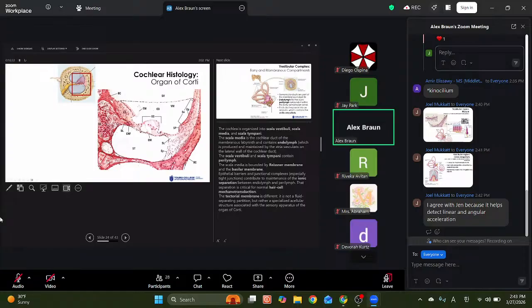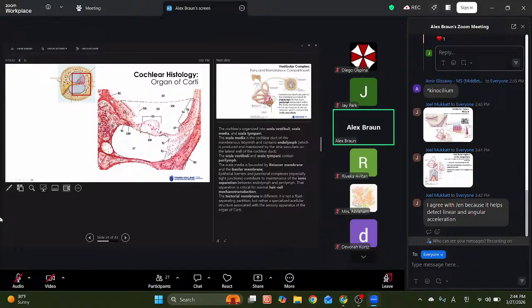The base of the cochlear duct consists of the basilar membrane. The roof of the cochlear duct consists of the vestibular membrane, or Reissner's membrane, right here. Sitting on top of the basilar membrane is the organ of Corti, which is where the sensory epithelium that senses sound is located. This complicated structure here is the organ of Corti.